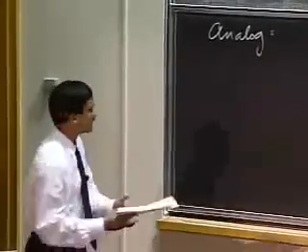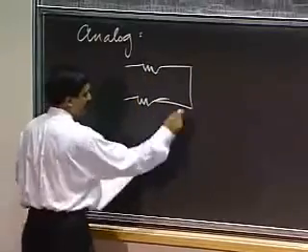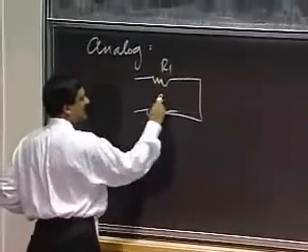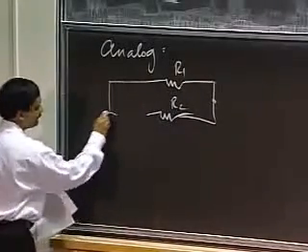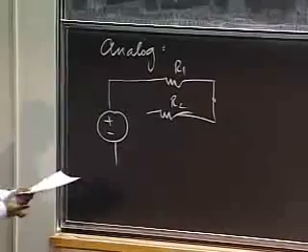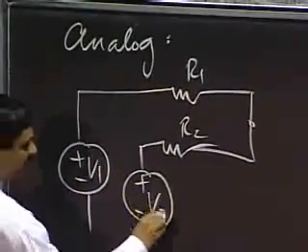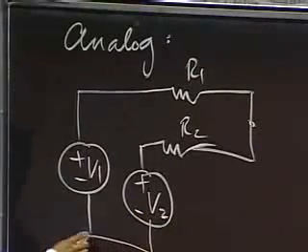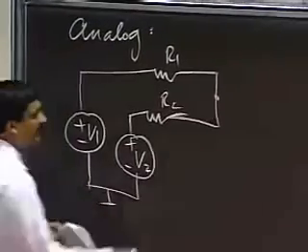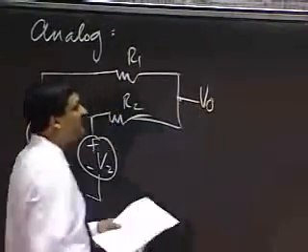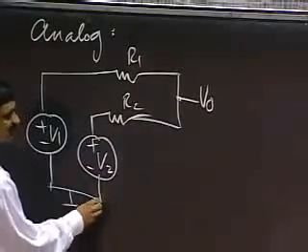So let's start with an analog circuit that looks like this. Okay, two resistors, R1 and R2. And what I'm going to do is apply a voltage source here, V1, apply another one here, V2, and make this connection. Okay, and let me call this voltage V0 and measure and call this my output.